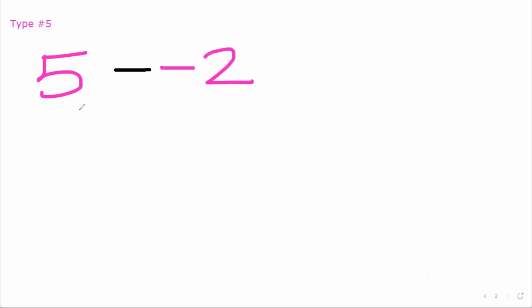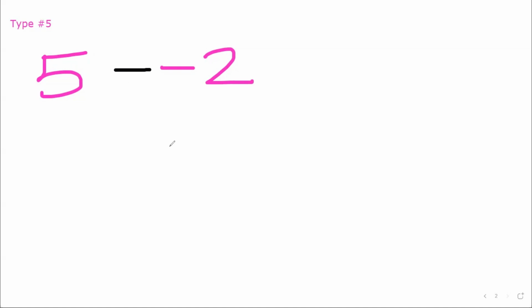All right, here we go. So we have a positive minus a negative number. There is one concept to know about this that's going to make this problem a lot easier to do.